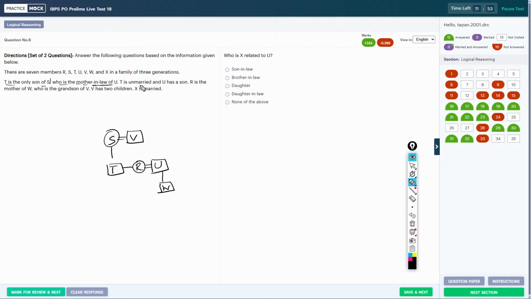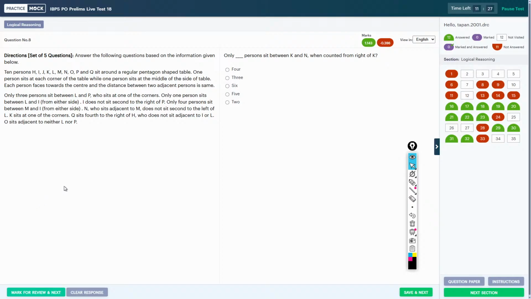S is mother-in-law of U. T is unmarried and U has a son. R is mother of W, who is grandson of V. V has 2 children and X is unmarried. Right? No place for X, right? So we'll skip it.